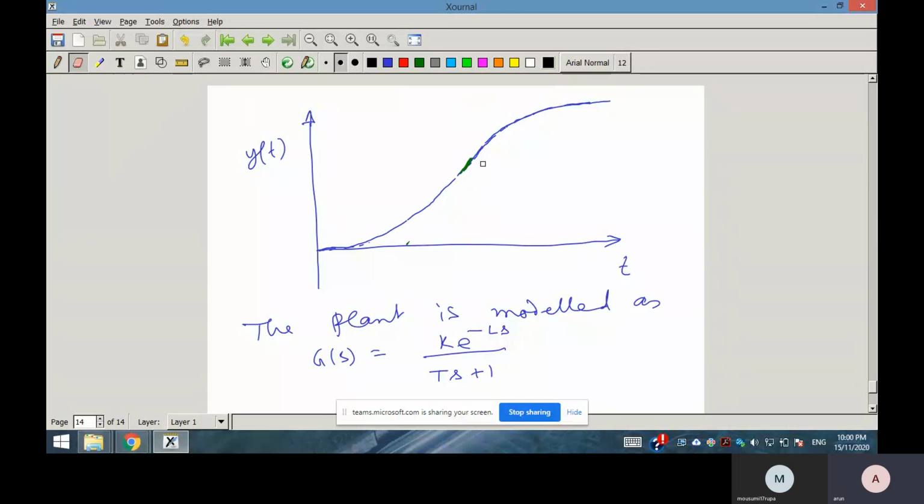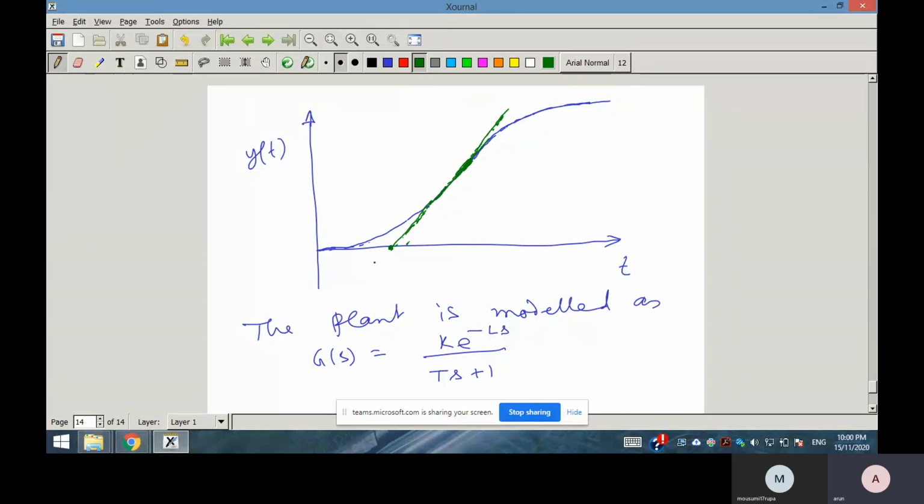So you see here around this one, where it is flat, so you can draw like this. There is this kind of tangent, point of inflection. So you will draw the slope.